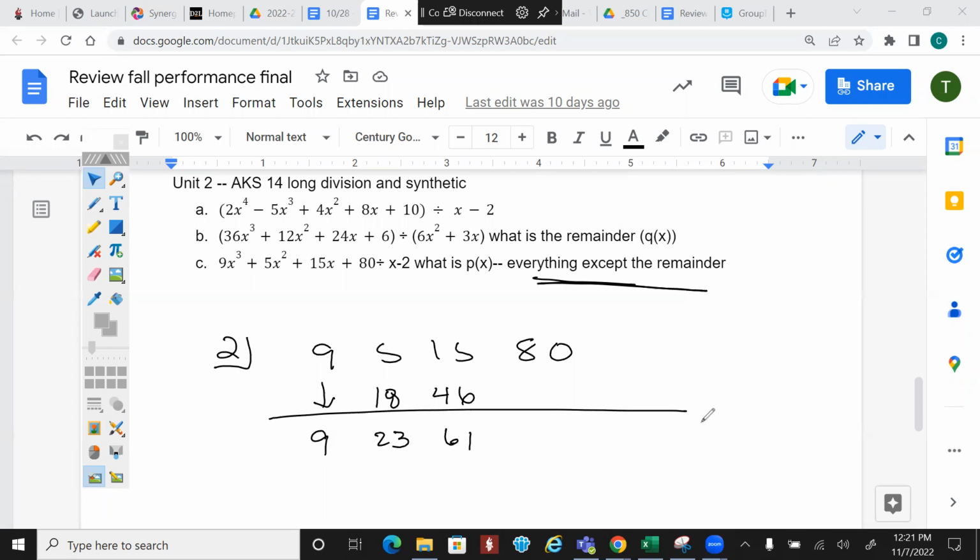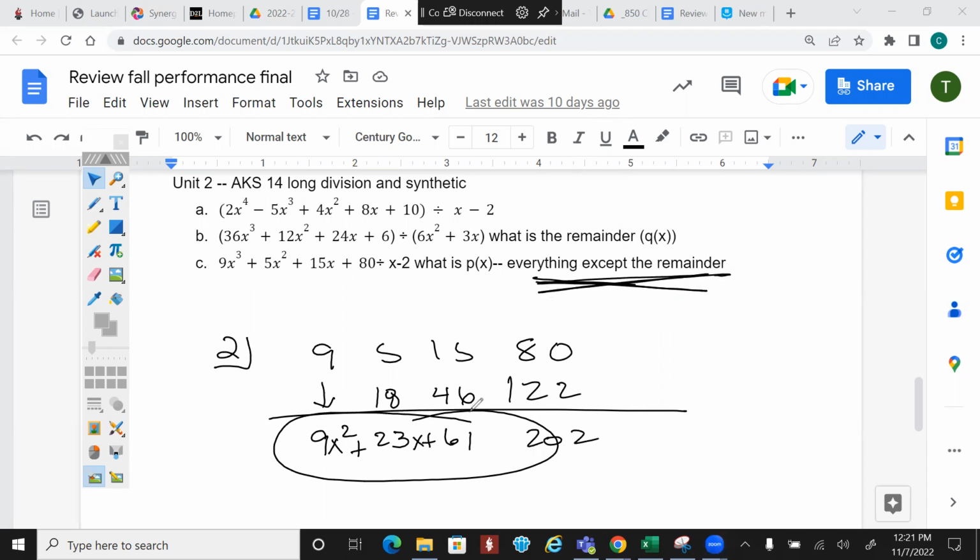This number is huge. And then add. Okay, so they want everything except the remainder. So that's going to give us 9x squared plus 23x plus 61. So they want this as your answer, not including the remainder. Okay, that's what they asked for. Nothing with the remainder, just this stuff.